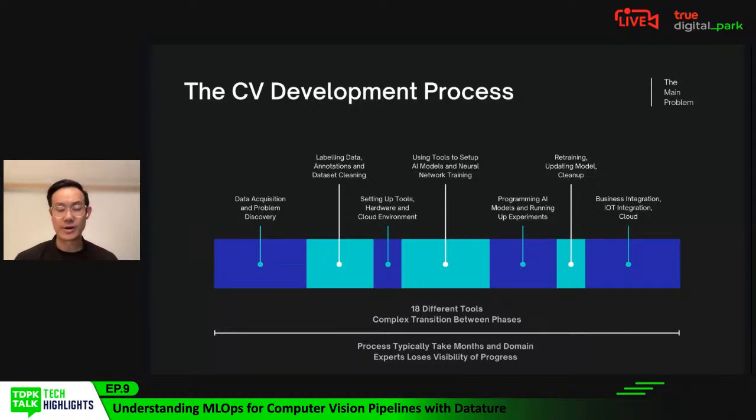Are we trying to count the number of cars so that we can determine whether the street is busy enough to install certain things, etc.? So the whole transition phase takes months upon months upon months. And it takes upwards of 18 different tools, not just machine learning tools, but tools such as deployment, cloud computing. Everything has to come together just for a nice box around a car working in real time.